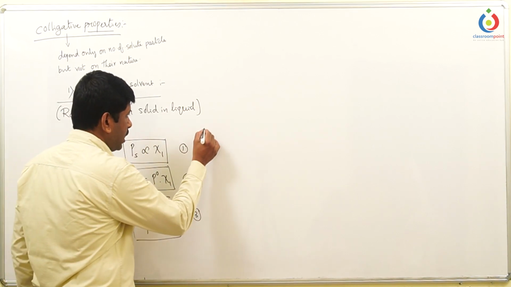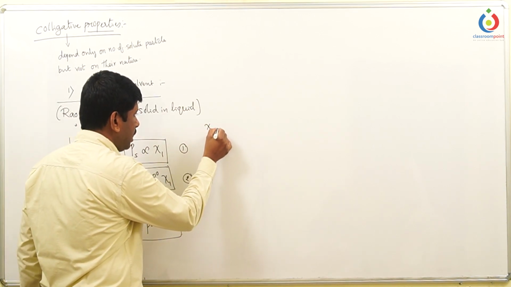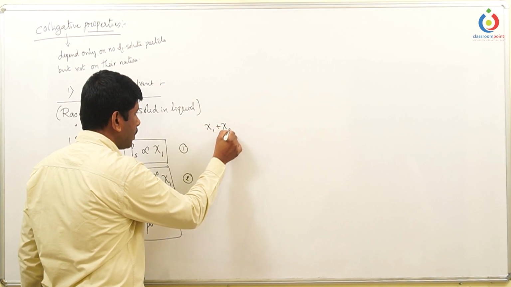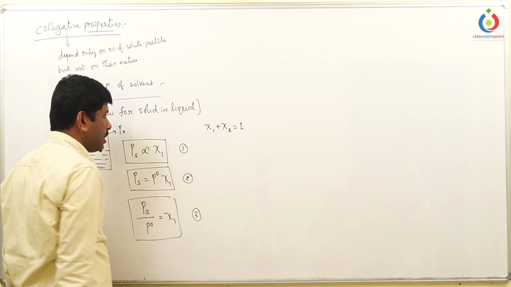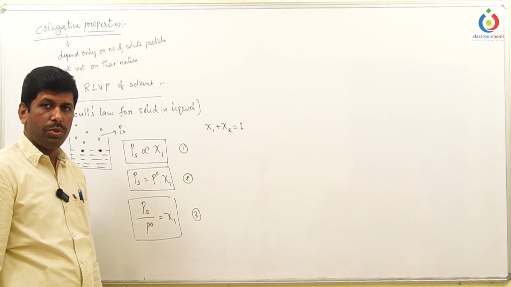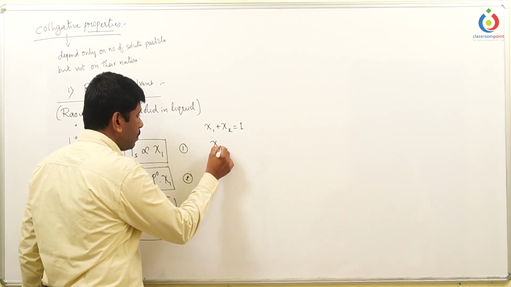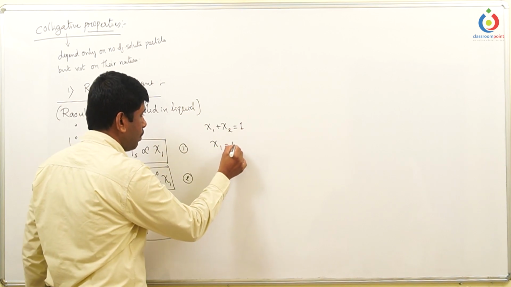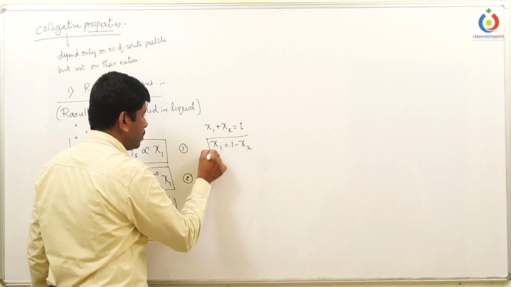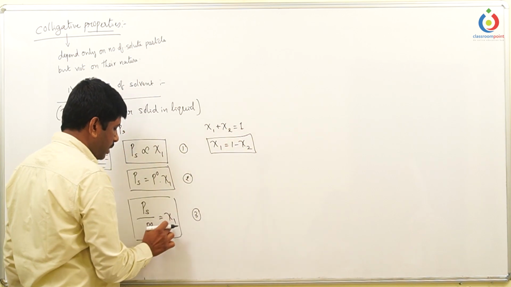And let us try to see how we can mathematically transform this formula. We know that the sum of the mole fractions is always equal to unity: x1 plus x2 is equal to 1. Let us convert this one: x1 equals 1 minus x2. So now I can substitute this value here.